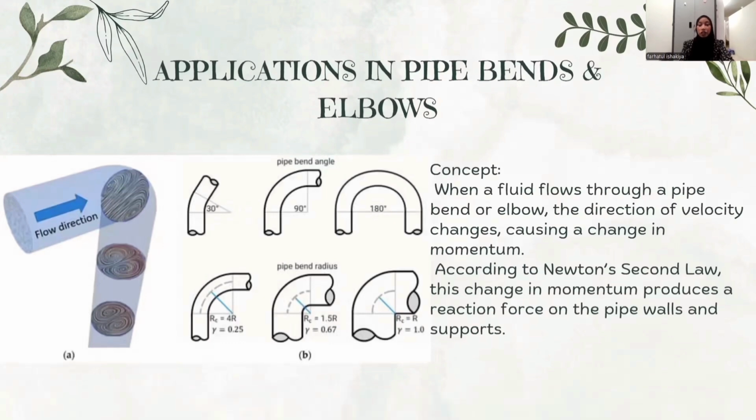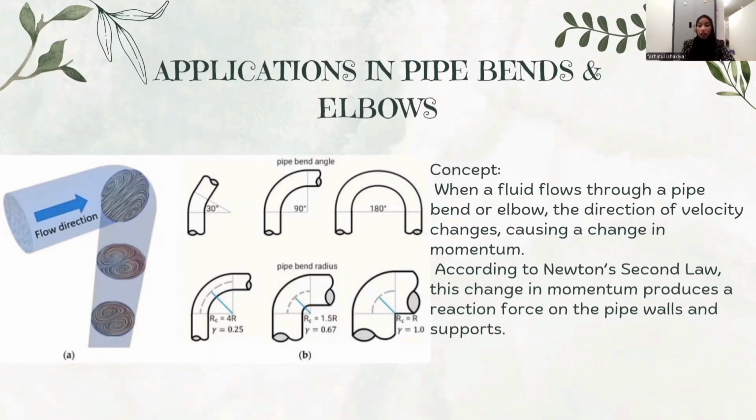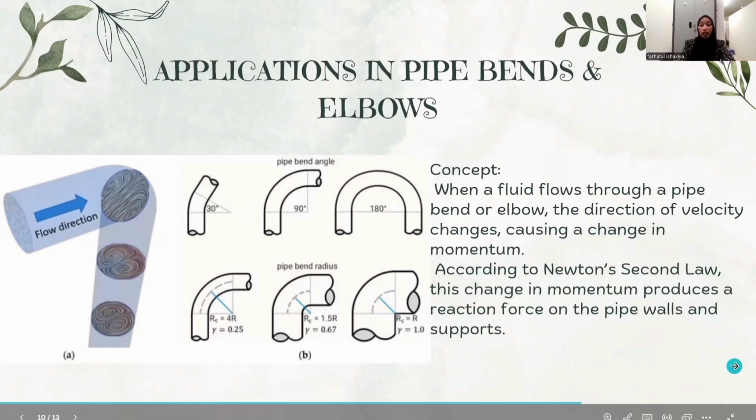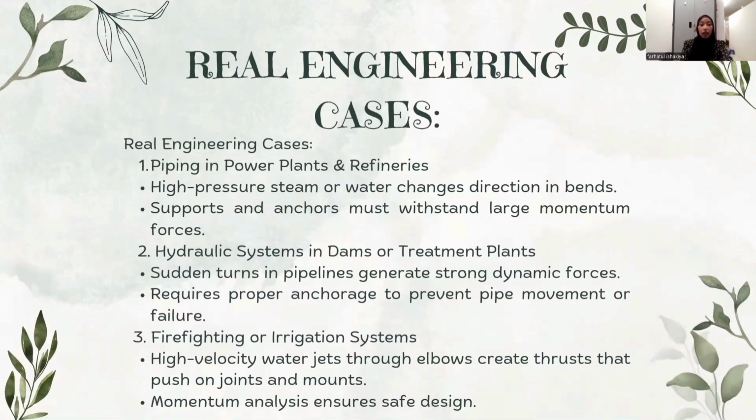So next, applications in pipe bends and elbows. The concept here is that when a fluid flows through a pipe bend or elbow, the direction of velocity changes, causing a change in momentum. According to Newton's second law, this change in momentum produces a reaction force on the pipe walls and supports. In real engineering cases, first, piping in power plants and refineries.